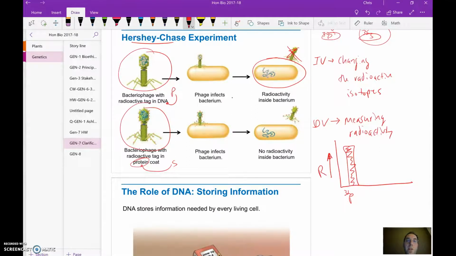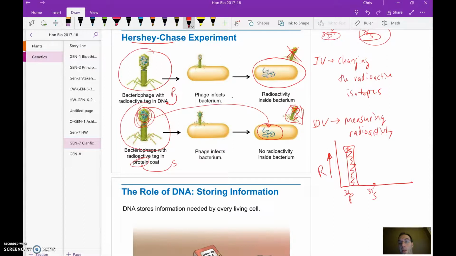But when you do the same transforming operation with S35, it's not that this virus wasn't able to transfer its genetic material in. It's still able to transfer its genetic material in. It's just that because you grew it only in S35, that is washed away when you remove the virus. So when you do S35, you get no radioactivity.